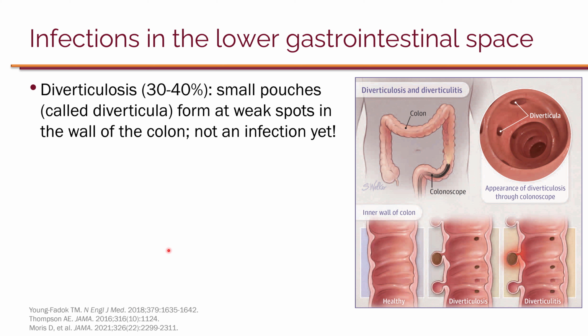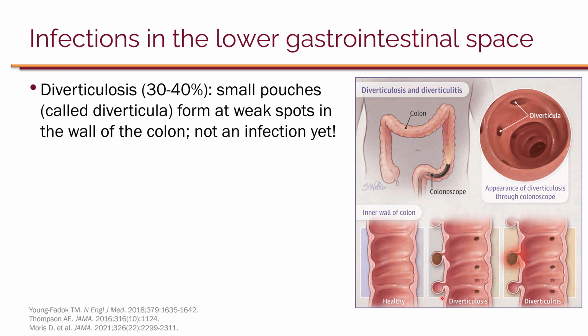Now, infections in the lower gastrointestinal tract. So let's focus on the colon. In a healthy person, this is what the colon looks like. Diverticulosis develops in about 30 to 40% of the population, and the risk goes higher as people get older. Essentially, there are small pouches that can develop in the colon.